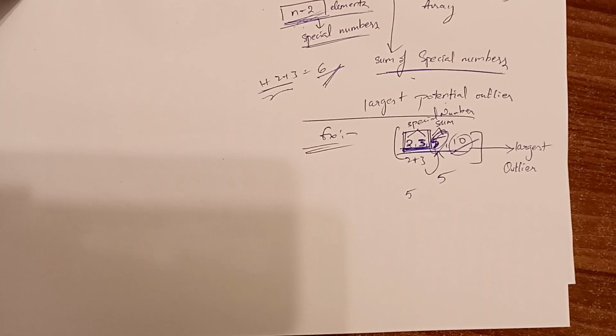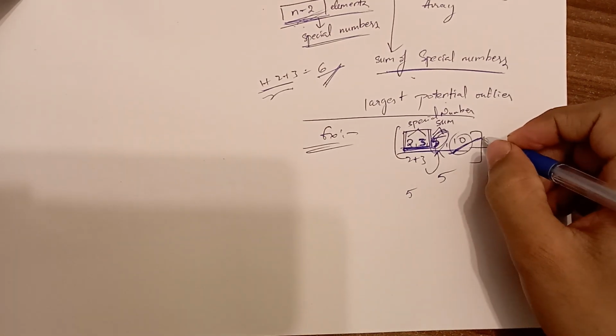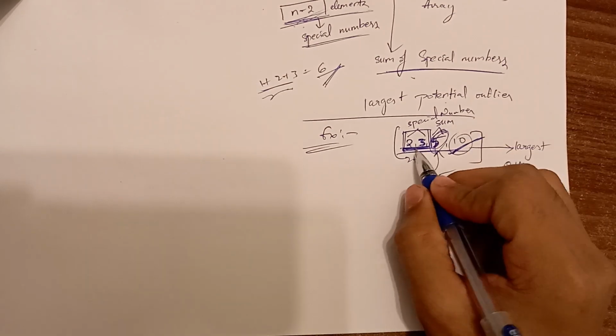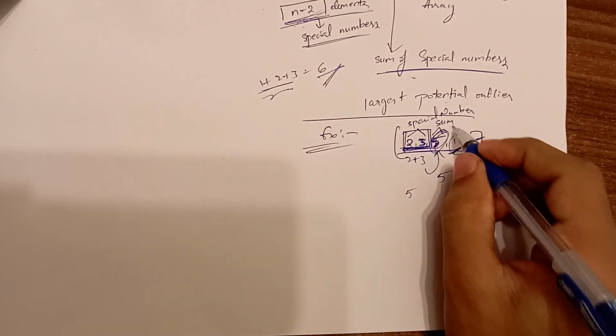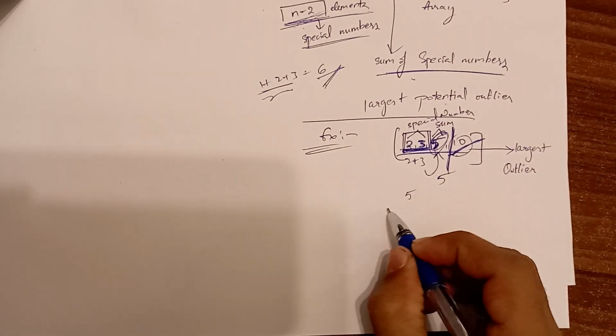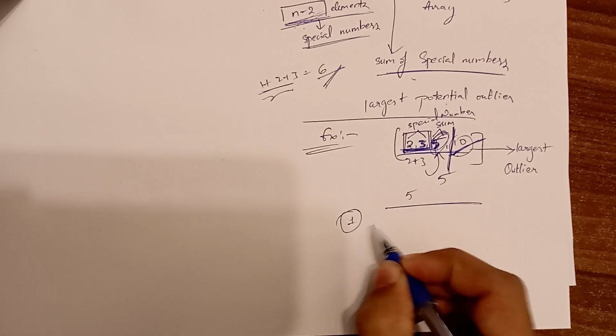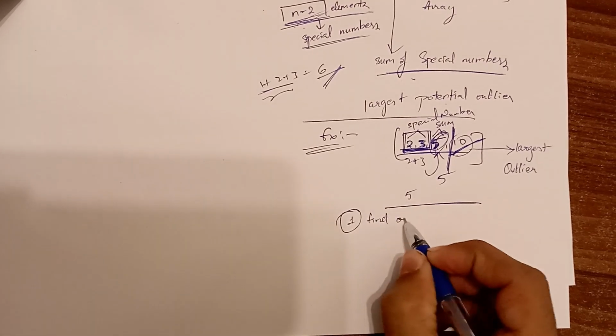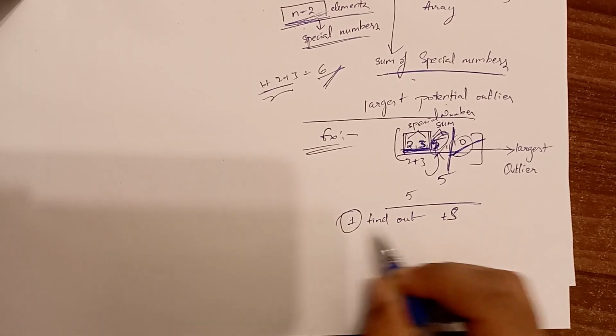So, how can we know 10 is our outlier? As I have said, these two will be equal. That means there is only one element which we need to find out. The simplest way is to find out the total sum.